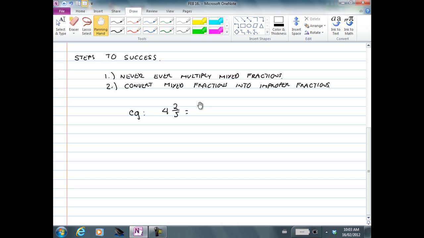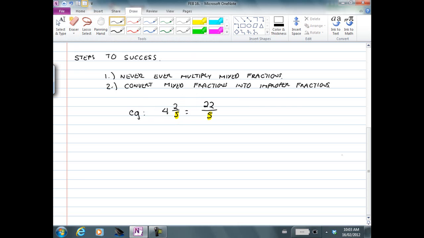Harneet, how do you get 22 over 5? Yep. Good. So Harneet says, that's easy. My denominator is always 5. Whatever your denominator, it stays the same. To get the top number, you take 4 times 5, which is 20. Tyrell, 20 plus 2 is? And that's why this is 22 over 5.